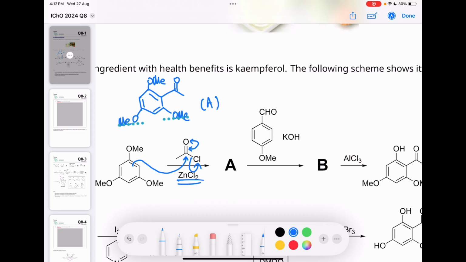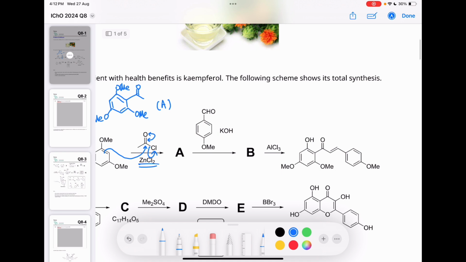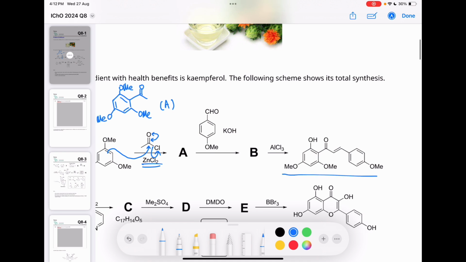Now what happens from compound A to convert it to B? To really figure out what happened, we can take a look at the intermediate that is given to us. In this intermediate, you can see some resemblance to compound A, and this part resembles this compound. Between compound A and this compound, we can also see a CC double bond.